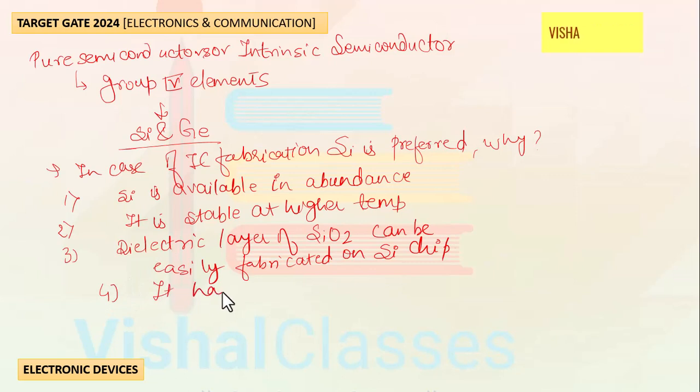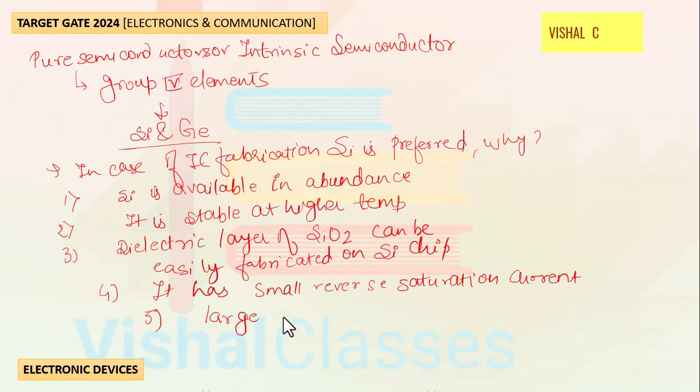It has small reverse saturation current, and as we have seen earlier, the energy band gap of silicon is large compared to germanium. Also write better heat conductivity.